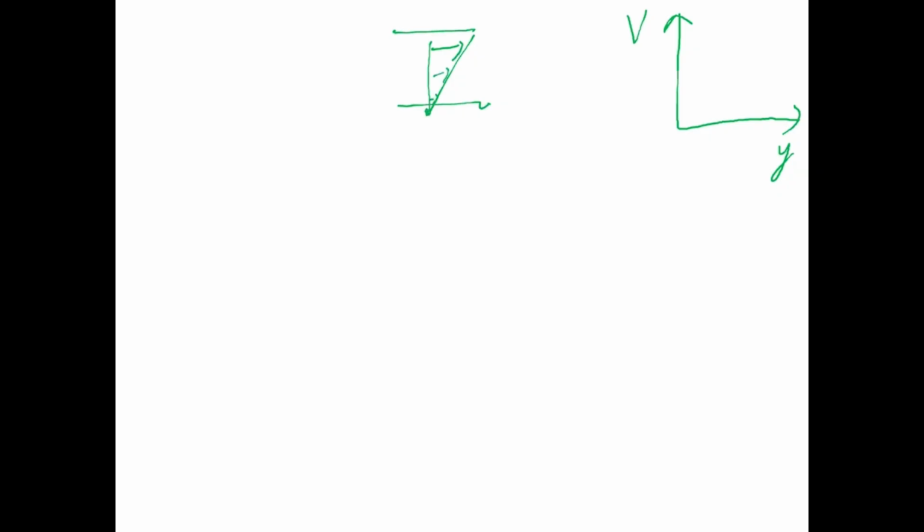What is the velocity at y is equal to 0? It is 0, right? And we know the velocity at y is equal to 0.02 meters is 3 meters per second. So we have these 2 points, right? So essentially your linear profile is something like this, right? Because you have assumed that it's a linear profile.